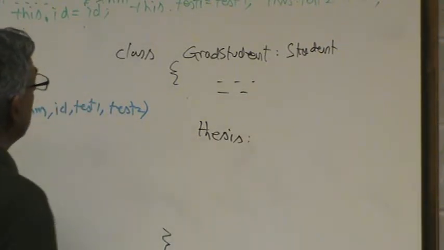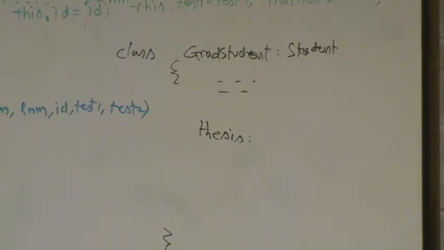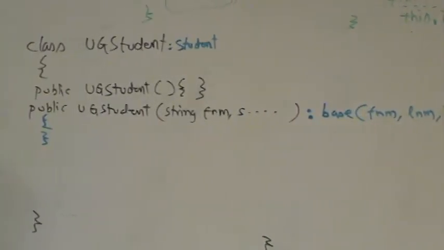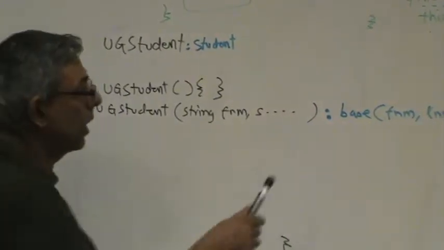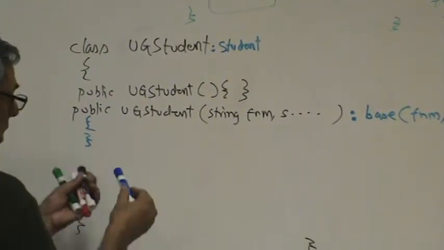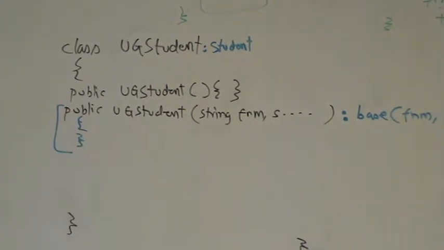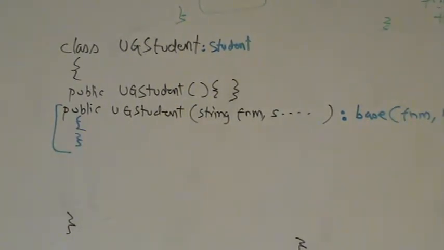Again, what you will do is delegate the work of initialization of the first 5 fields to the base class. The constructor that we write in the grad student will look exactly like this with one small difference.